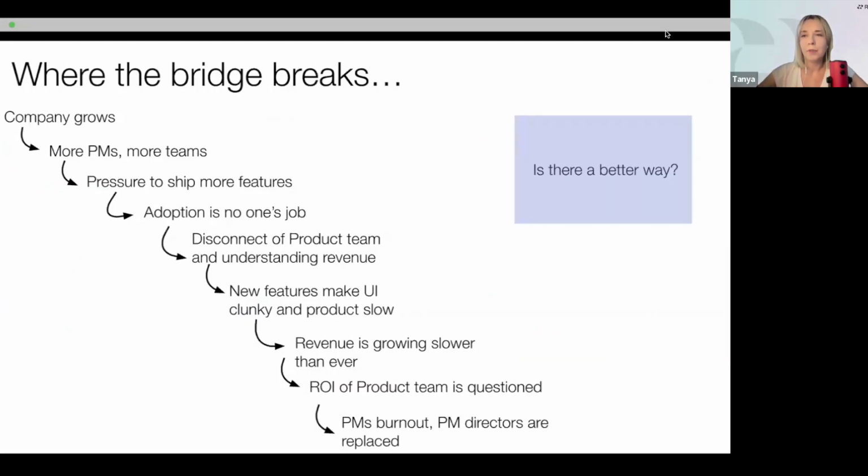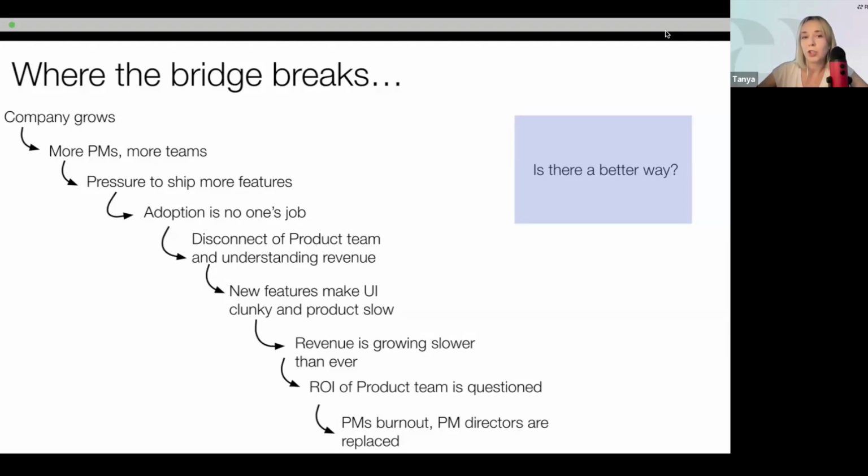But what usually happens with a growing company is that more product managers are hired and more development teams are formed, usually around feature areas. Not often are they formed around metrics or the customer journey. That is more rare. The most popular approach is just to have more teams formed around feature areas, and so product managers are usually pressured to ship more features.